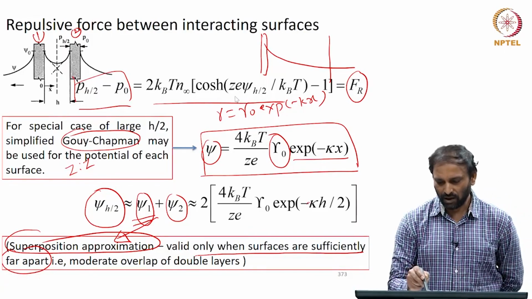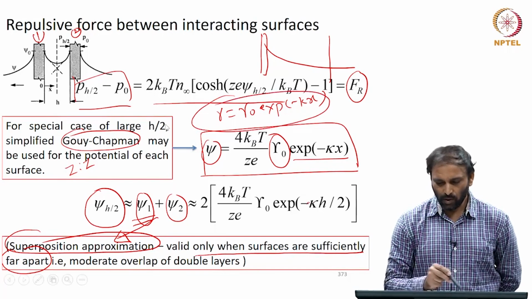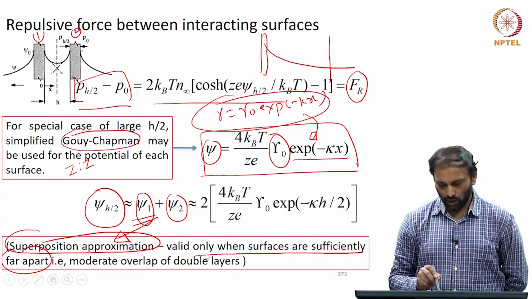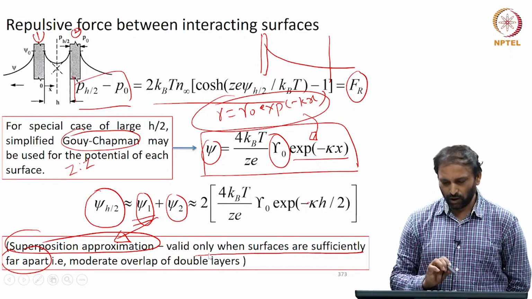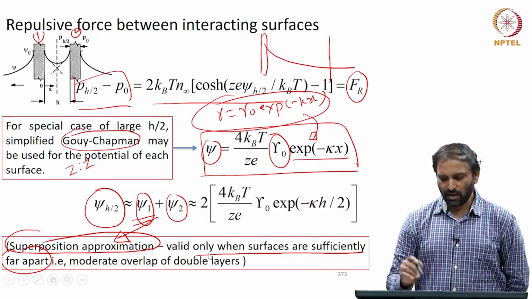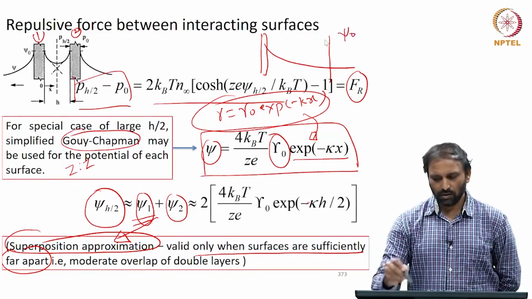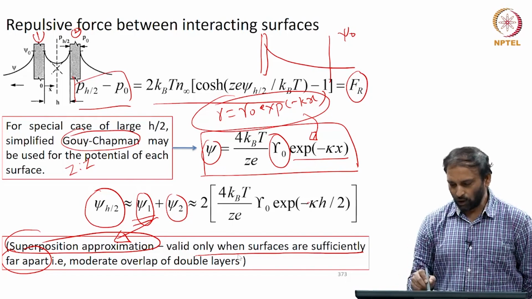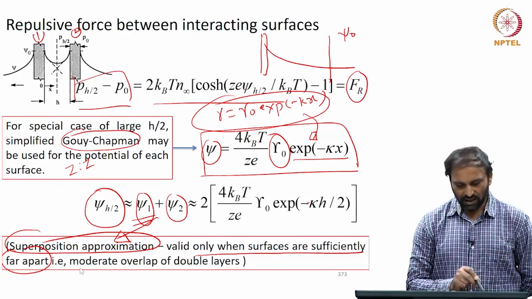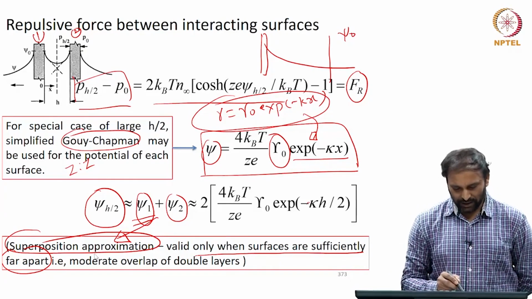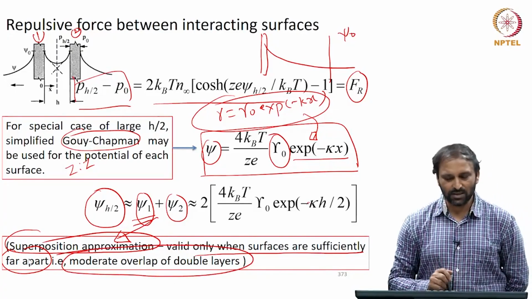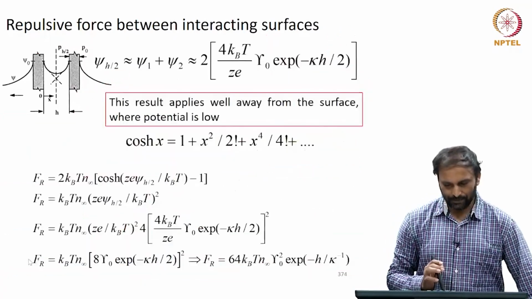That is what I mentioned, that the Gouy-Chapman theory was simplified to give this expression, which is applicable for any psi naught. The psi naught could be very high, however, it is valid only when the surfaces are sufficiently far apart, that is, we are considering a case where the overlap of the double layers is moderate.